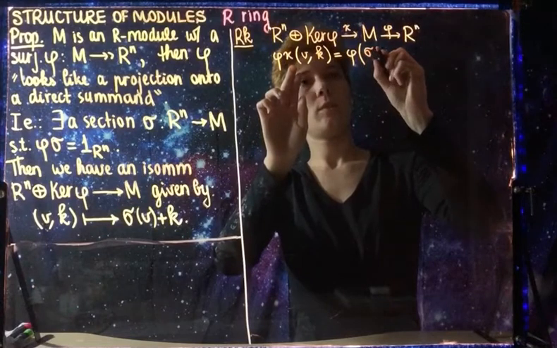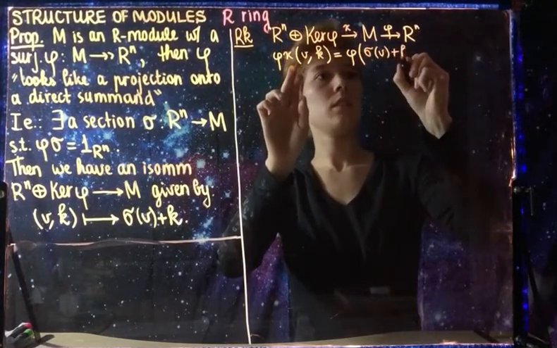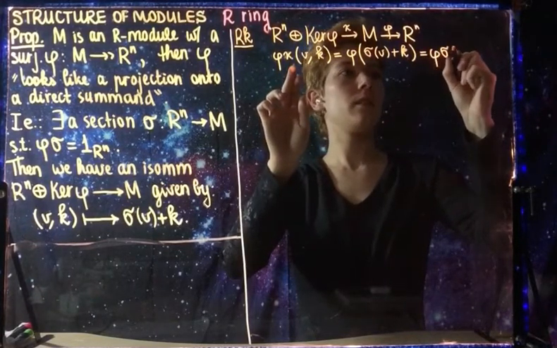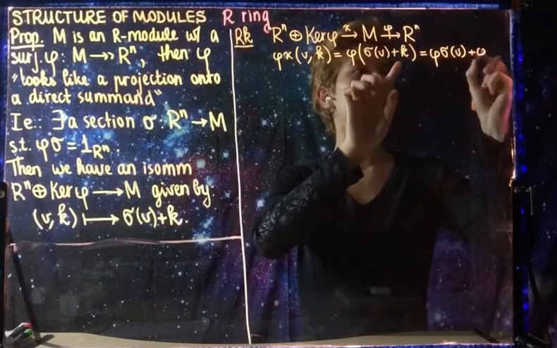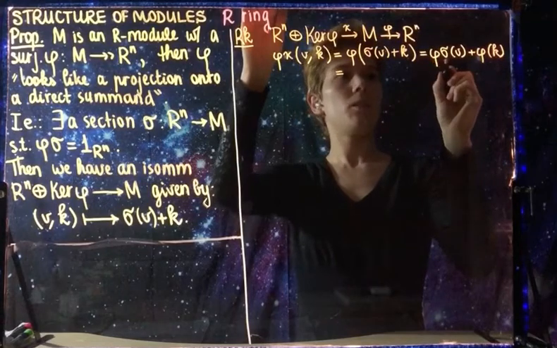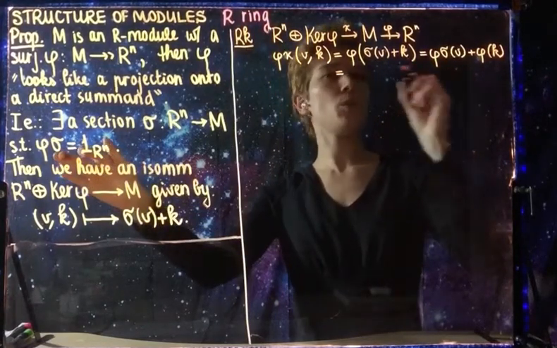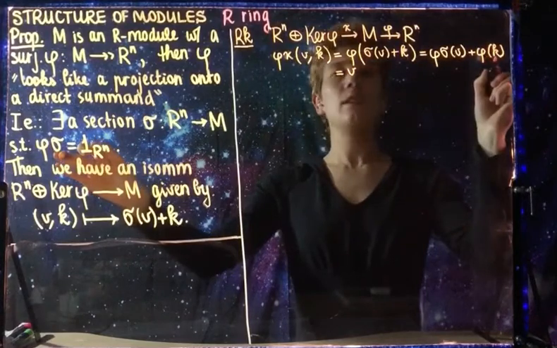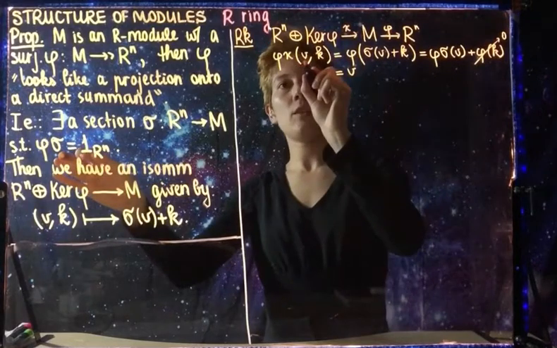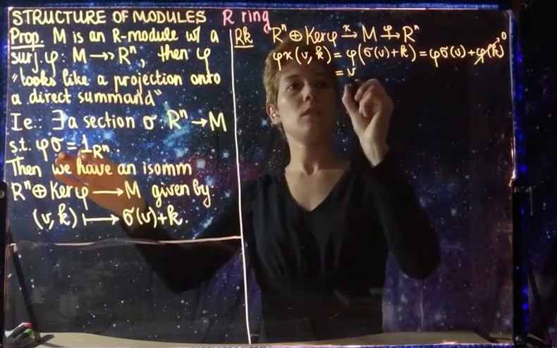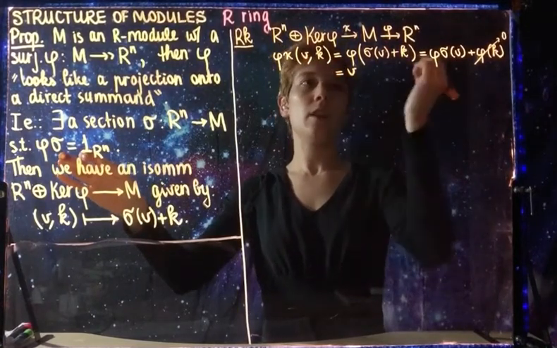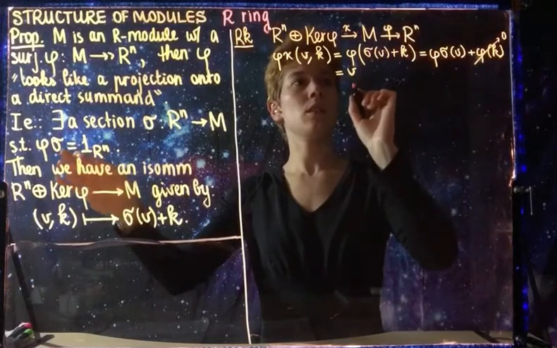It is equal to sigma of v plus k, and this is equal to phi sigma of v by linearity plus phi of k. So phi sigma is equal to the identity, so I get v, and k is in the kernel of phi, so this cancels out to 0. And so phi kappa of this element is equal to v, which is the projection onto the first summand, akin to projection onto the first coordinate in linear algebra.